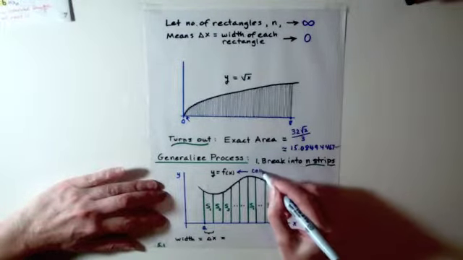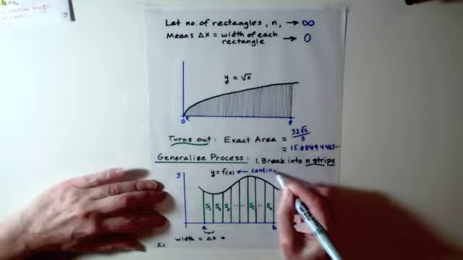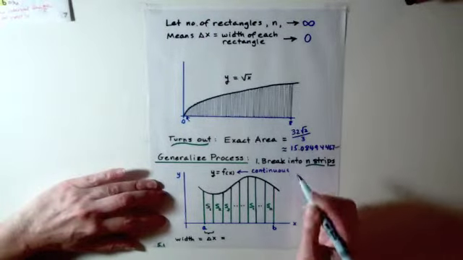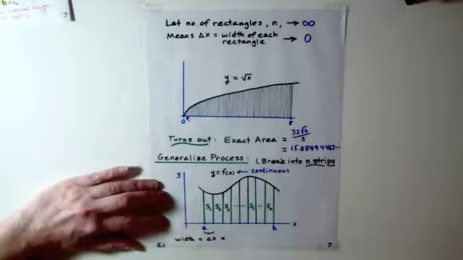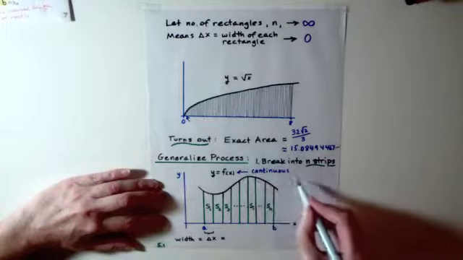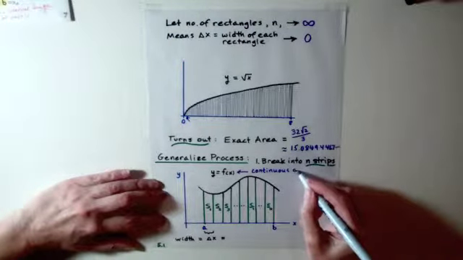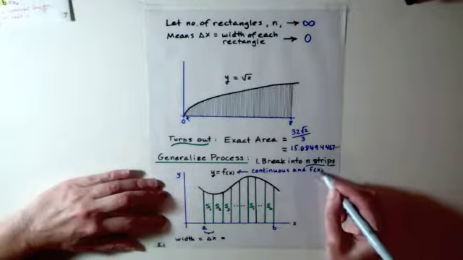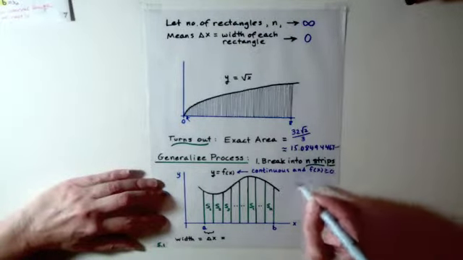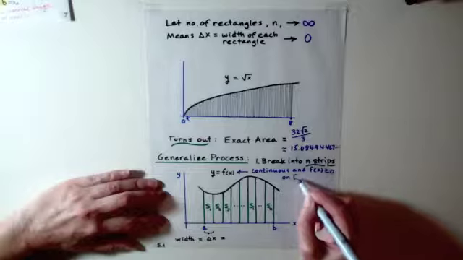I am going to make some assumptions about this function f on this interval from a to b. I'm going to assume that it's continuous. It turns out that actually all it needs to be is piecewise continuous. It can be discontinuous at a finite number of values between a and b, but for the time being, let's just go ahead and assume f is continuous, and we're going to assume that it's non-negative. I'm going to say f of x is greater than or equal to 0 on the interval from a to b.